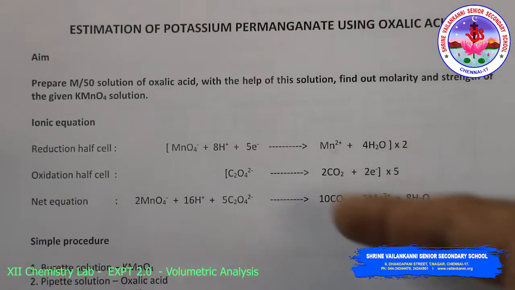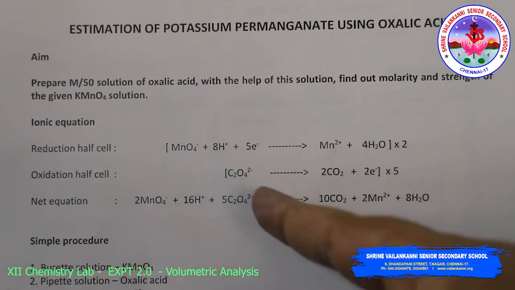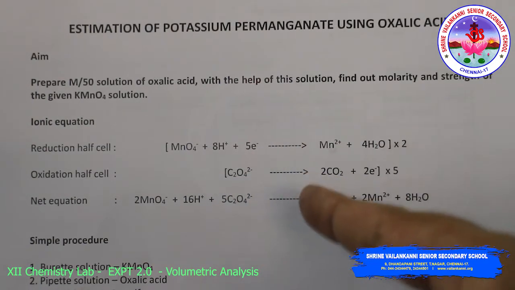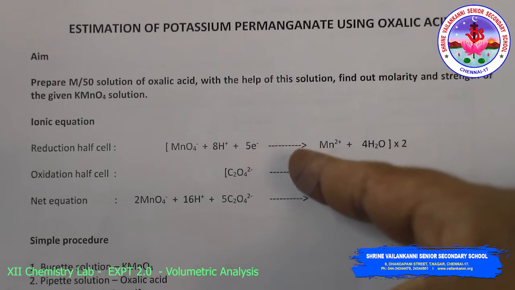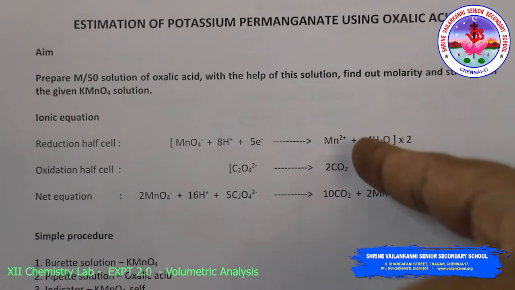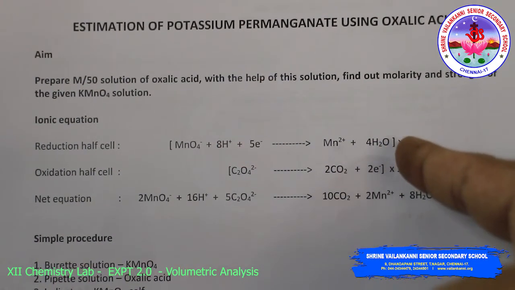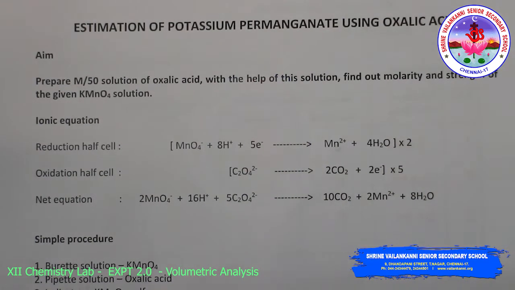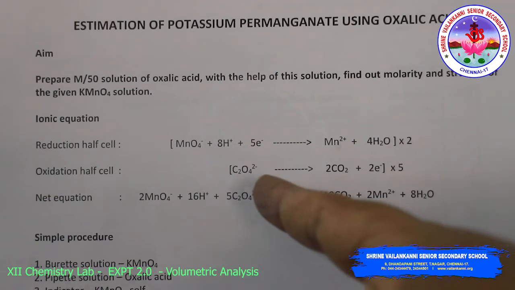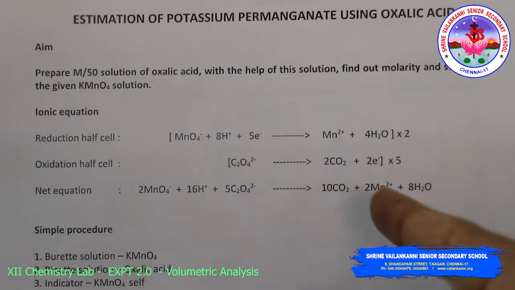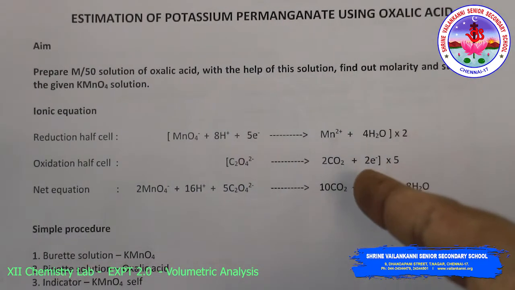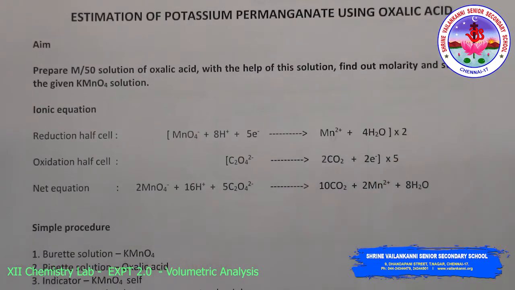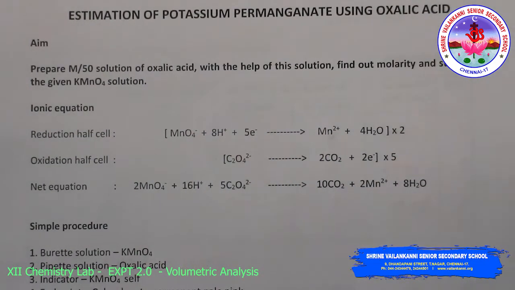The reduction half cell reaction: MnO4 minus plus 8H plus plus 5 electrons gives Mn2 plus plus 4H2O, 4 molecules of water. Then the oxidation half cell: oxalate ion, that is C2O4 2 minus, gives 2 moles of carbon dioxide and 2 electrons. You have to balance the electrons.